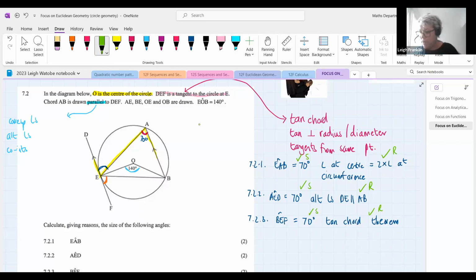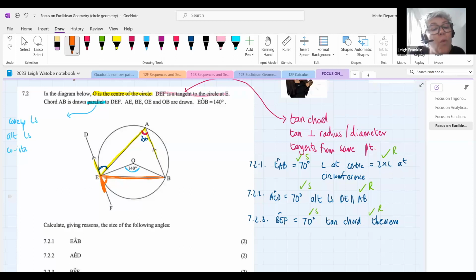Okay, so what we are looking at here specifically, grade 11s and grade 12s, is, and I'm going to draw this in orange, we have got the angle at E. The orange line that I'm drawing now is the tangent. Line EB, which I'm putting an orange line over now, is the chord.